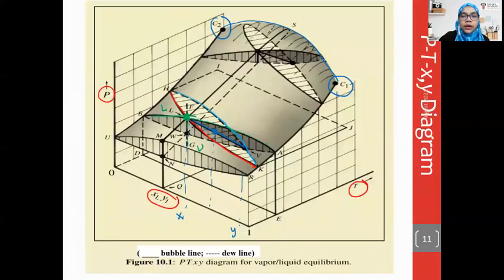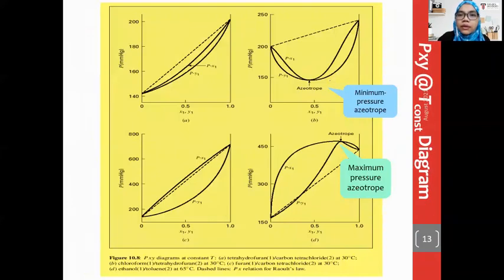So you can see in this diagram, if we decrease the pressure, we cannot separate the composition anymore, and this is known as the azeotrope. That means the liquid composition tends to have the same composition as the vapor phase at the minimum pressure.